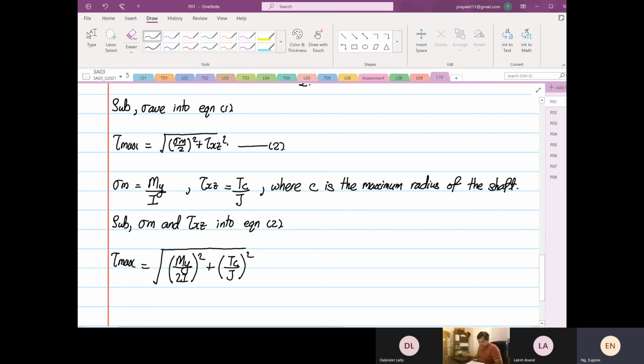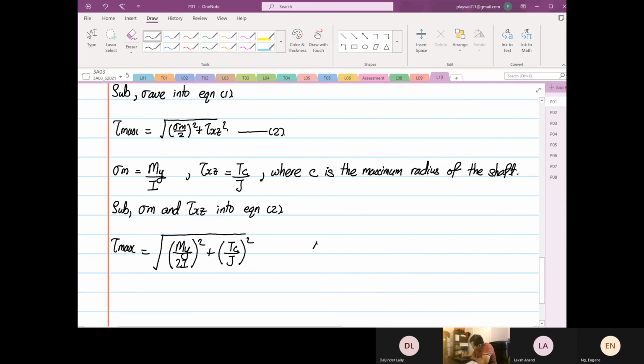Note that the polar moment of area is equal to twice the second moment of area.